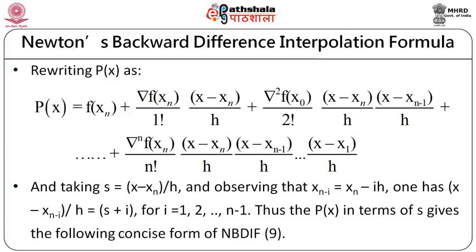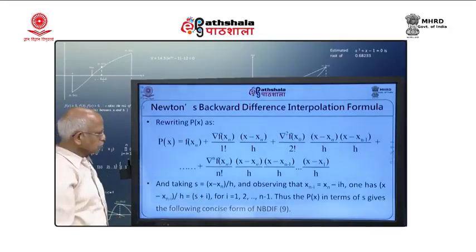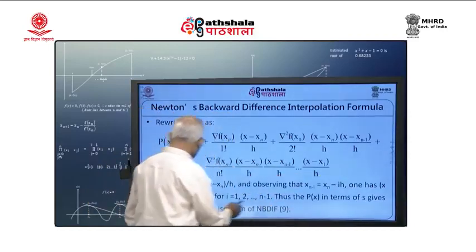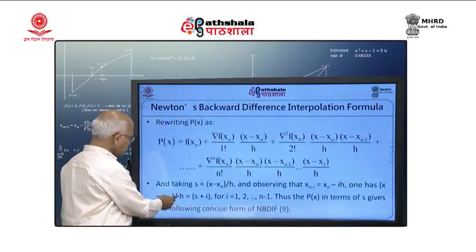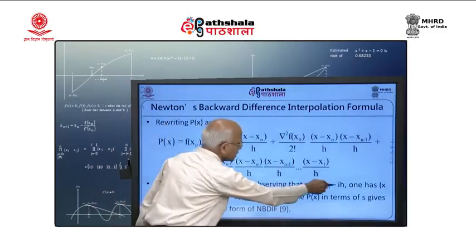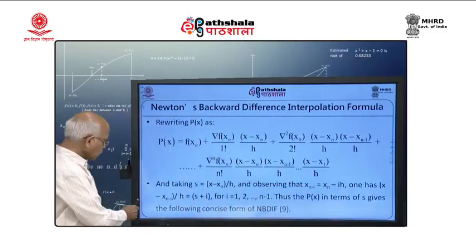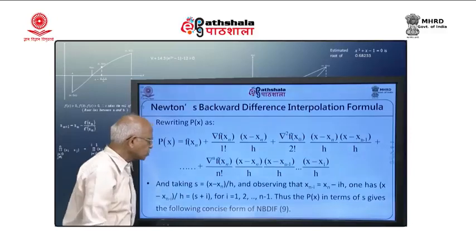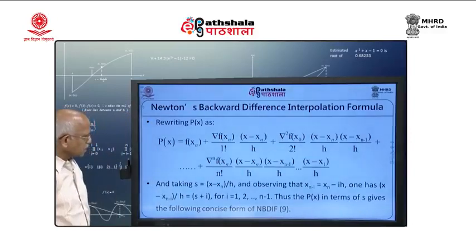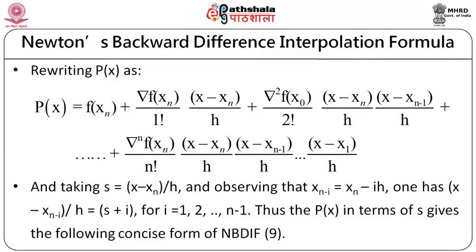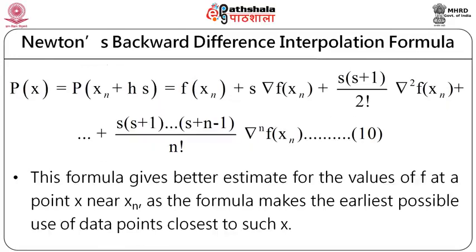So, one has x minus x n minus i divided by h will be equal to s plus i. So, this is what I will be getting. So, x minus x n minus i will be given by this, because x n minus i is given by this factor. So, we will get now the concise form of notation like this. Thus the p x in terms of s gives the following concise form of Newton's backward difference interpolation formula 9, and this form is like this now.